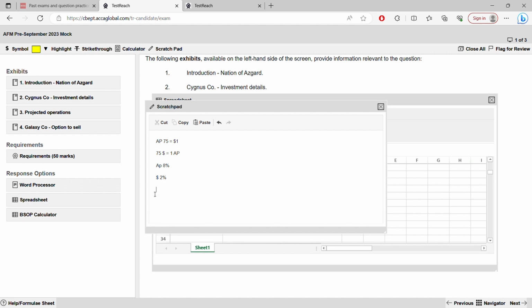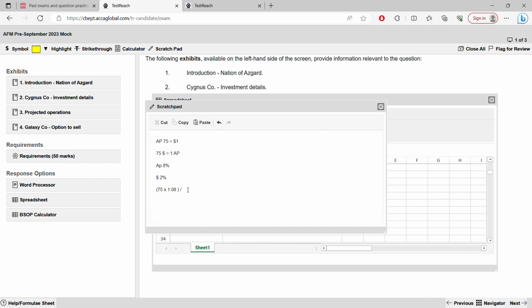So because 75 is in AP, you will multiply 75 with 8%, AP's inflation rate, and divide by 2%, the dollar's inflation rate. So it will be like this: 75 into 1 plus the inflation rate, 1 plus 8%, so 1.08.